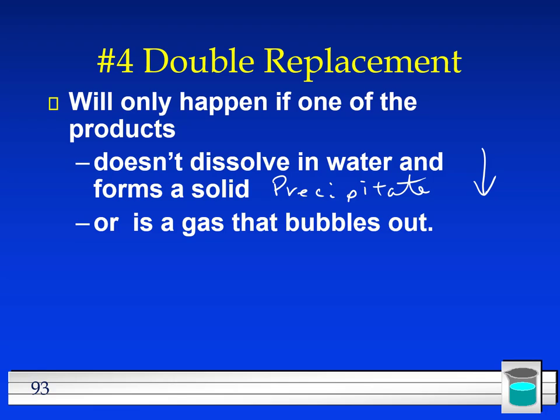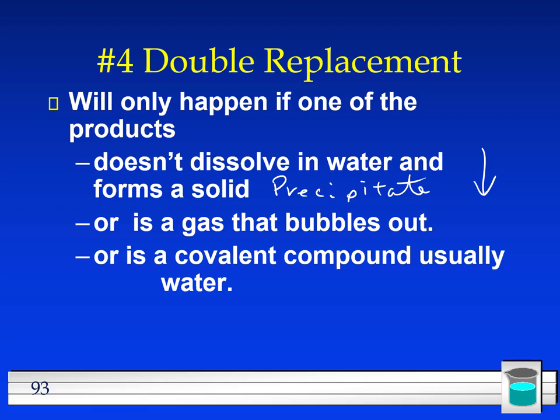It's a gas that bubbles out. Or something that's not ionic anymore, something that's covalent. And the covalent compound you will make, that you can expect to make, is water.